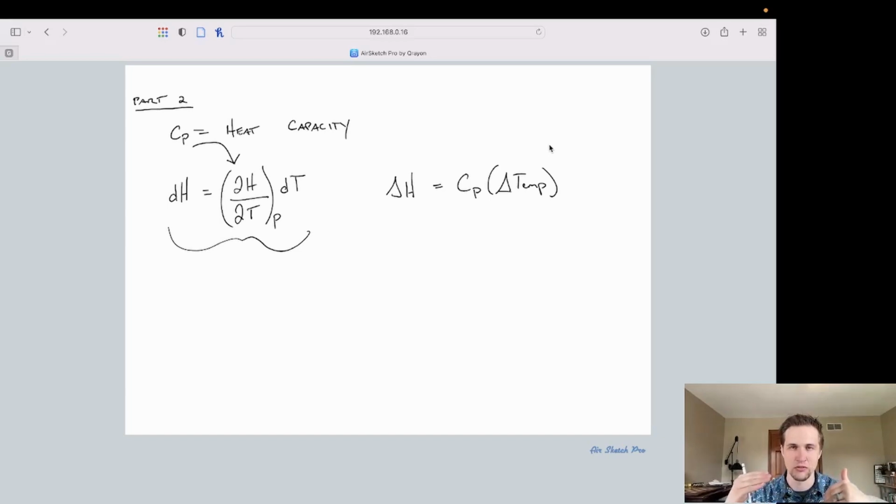It's having a negligible effect on that compound's heat capacity. So if it's a small range, then any change in enthalpy is just that constant heat capacity multiplied by the respective change in temperature that happened. So this is for small changes in temperature.